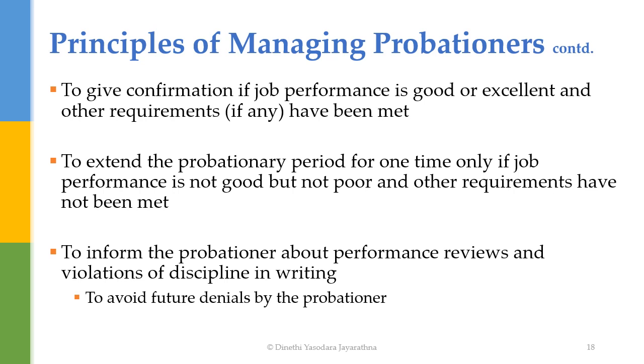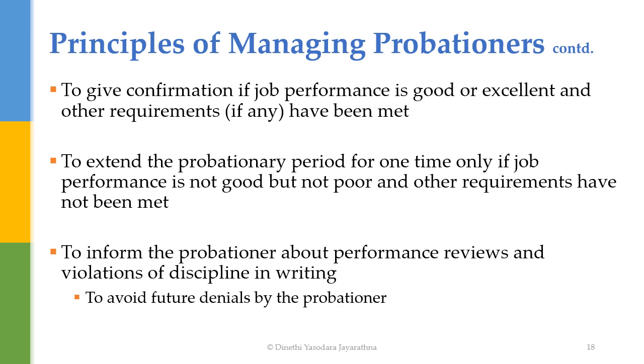To inform the probationer about the performance reviews and violations of discipline in writing, to avoid future denials. Otherwise the employee may say, you did not inform me anything, how can you extend me, why did you not confirm me. Employees can sometimes go for legal actions as well.